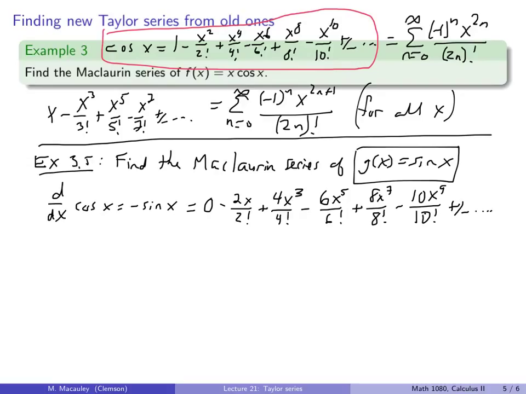Okay, so this thing here is negative sine of x.